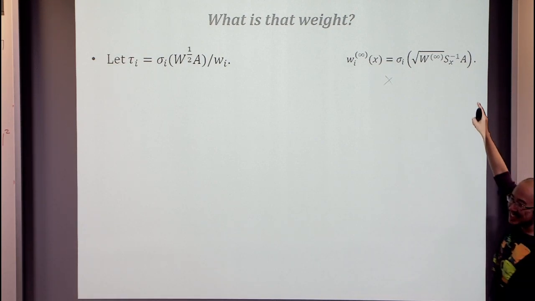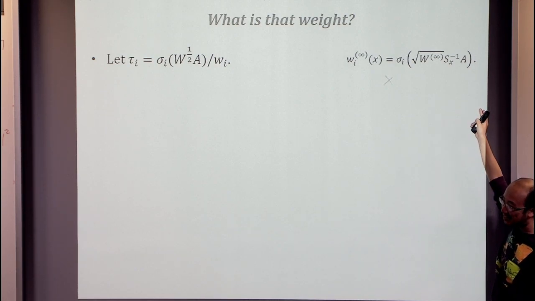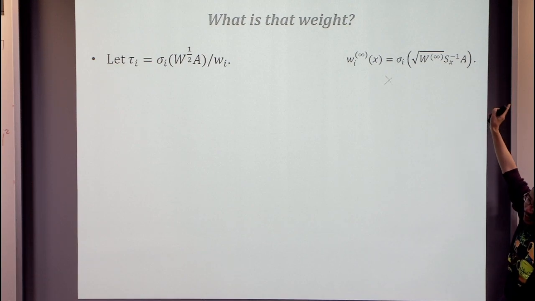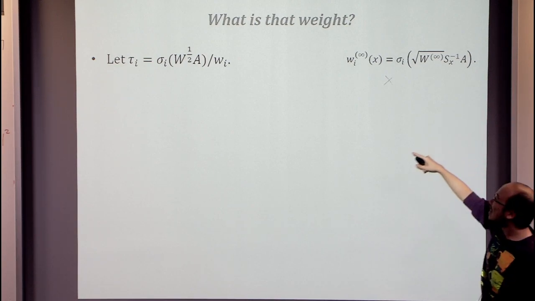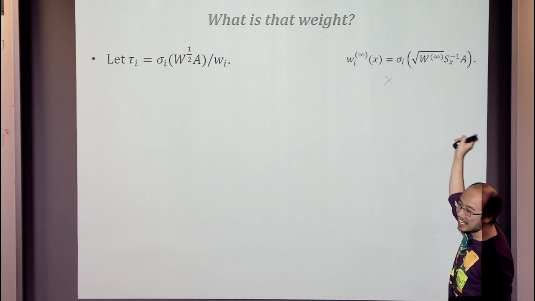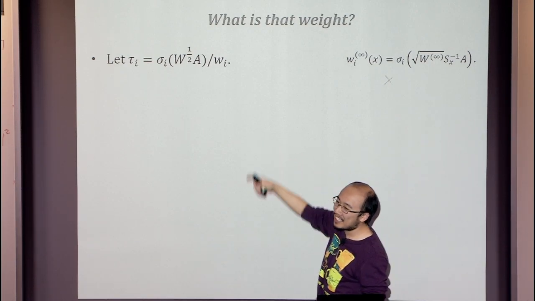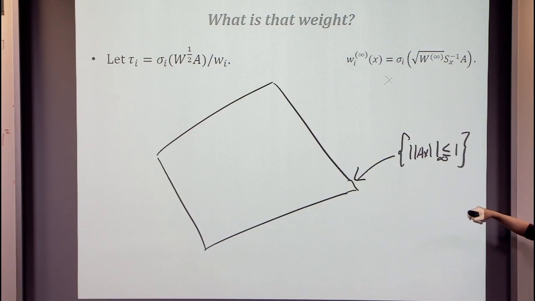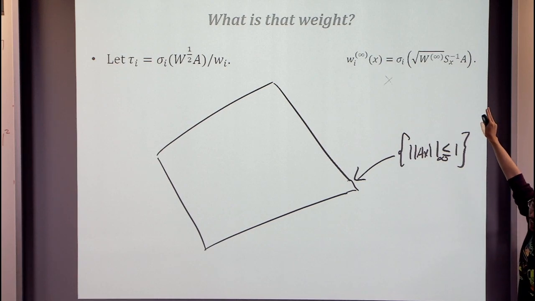Remember we want to understand that object, weight equals the leverage score. To understand that object, we ignore the slack for a moment. If the weight is not 0, we can divide the term there. We define it as tau. Now assume there is no slack.